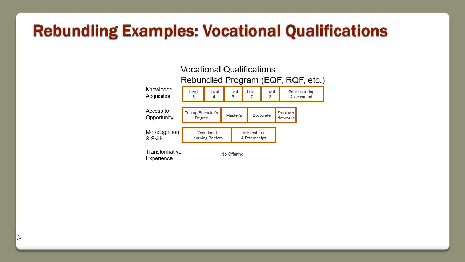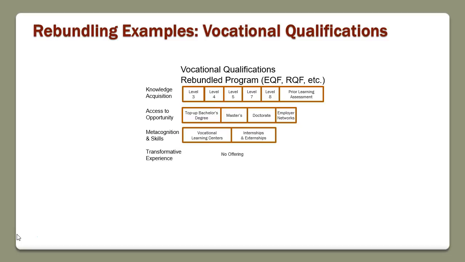So often what you can do is take a rebundled program with vocational qualifications where you get levels 3, 4, and 5 at ultra low cost at these vocational learning centers, and then you do a top-up degree for those. So the metacognition and skills are at these vocational learning centers, and in a lot of countries there will be thousands of these centers that are not very regulated.